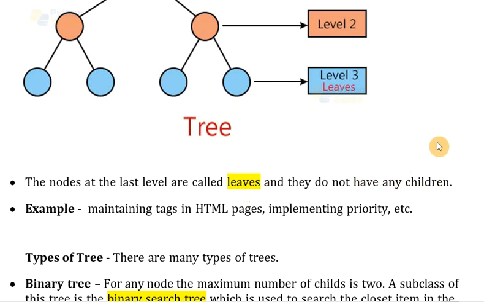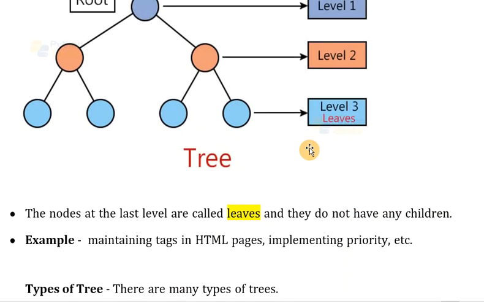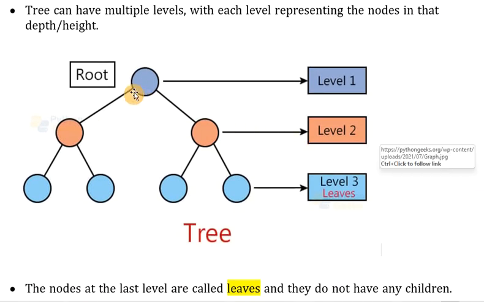One more point you have to note: all the nodes having the same level, you can see here, are called siblings, you can say. So here these are of level 2, this is level 1, and this is level 3.